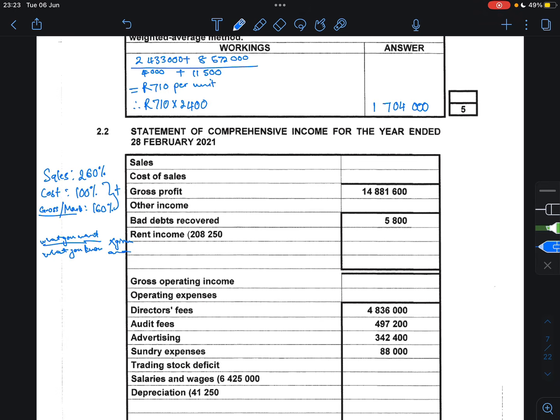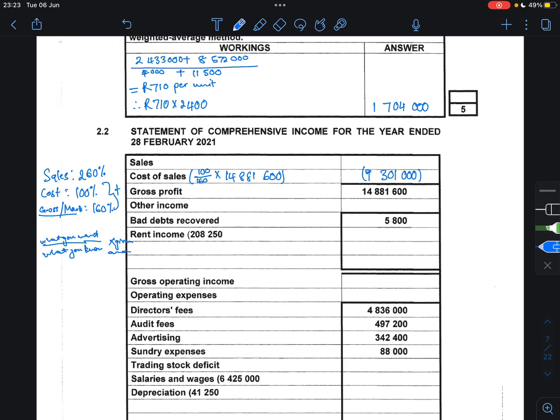Okay, so now what you want here when you're calculating your cost of sales, what you want is 100, what you know is 160. Which amount is given? 14,881,600, right? And then that's how you get your cost of sales. And then we type into our calculator, and I'm getting 9,301,000.